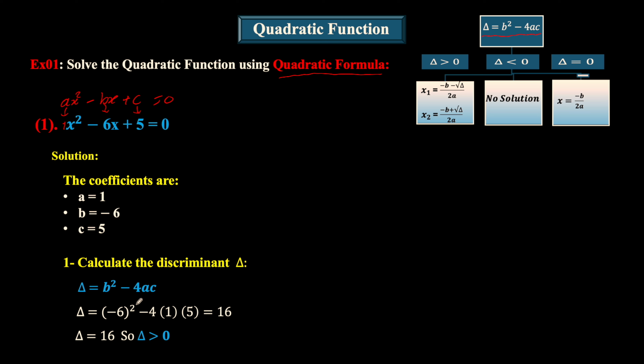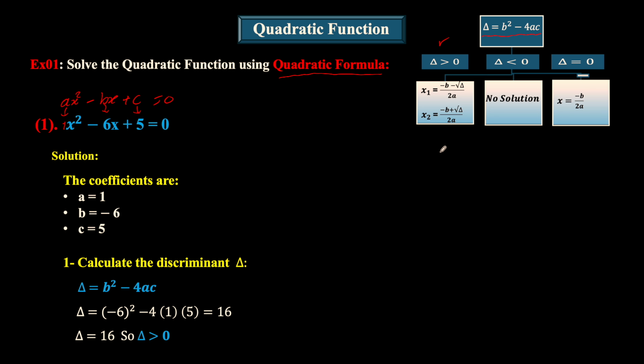Now minus 6 squared is 36, minus 4 multiplied by 1 is minus 4, minus 4 multiplied by 5 is 20, so 36 minus 20 is 16. So since delta is 16, this means that delta is bigger than 0, right? And we are in the first case here.